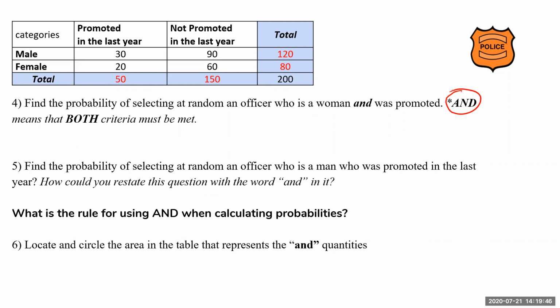So find the probability of selecting at random an officer who is a woman and was promoted. What do you think? Woman and was promoted. So this is it, right? 20 out of 200. So you look at both.